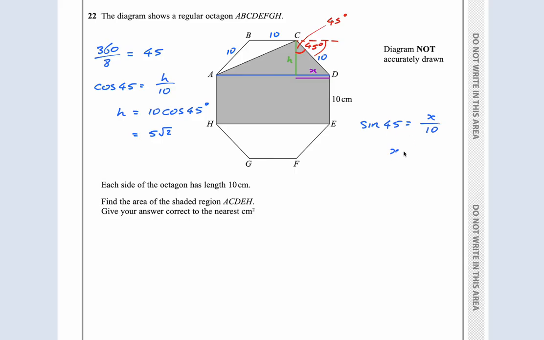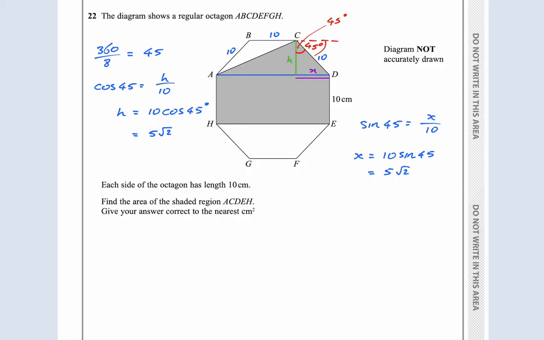So X is equal to 10 sine 45, which is, believe it or not, the same thing. X is equal to 10 sine 45, which is 5 root 2. Kind of makes sense that they're the same because that's 45 degrees. It's actually an isosceles triangle. So this X is 5 root 2.